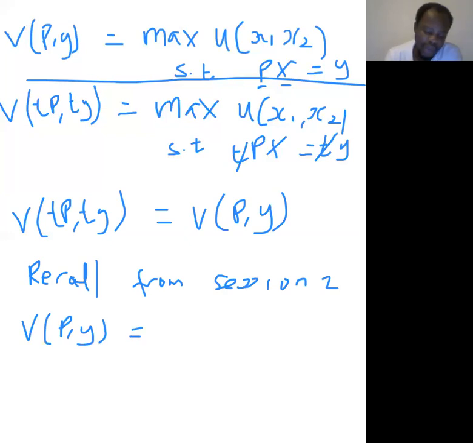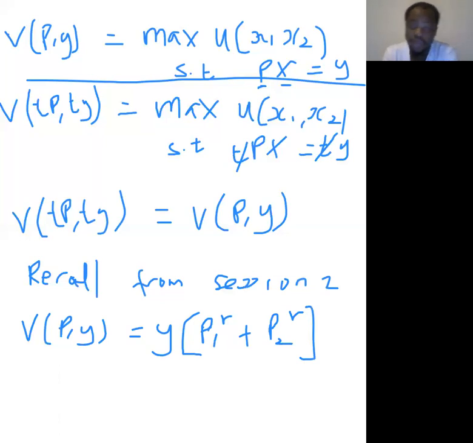We had it as Y into bracket P1^r plus P2^r, exponent minus 1 over r. This is what we got as our indirect utility function from the previous discussion.